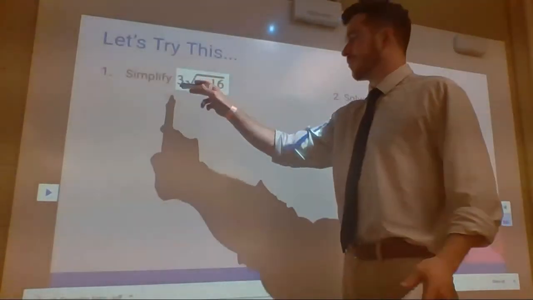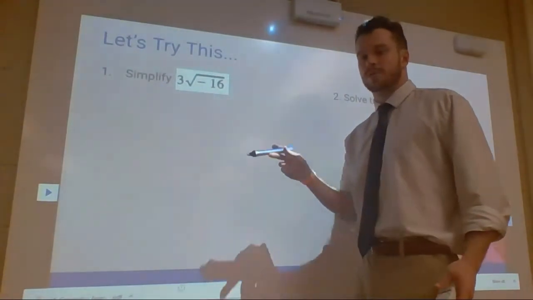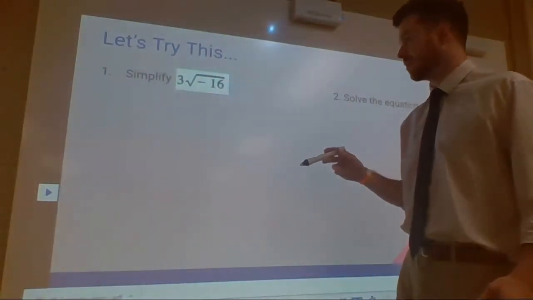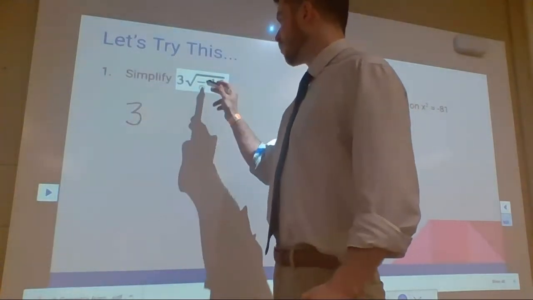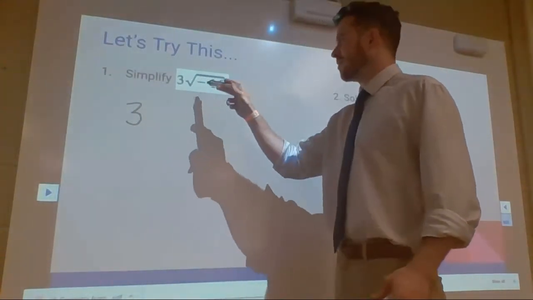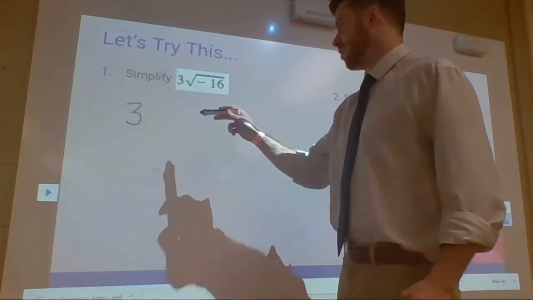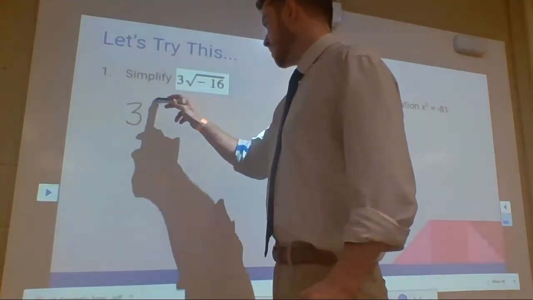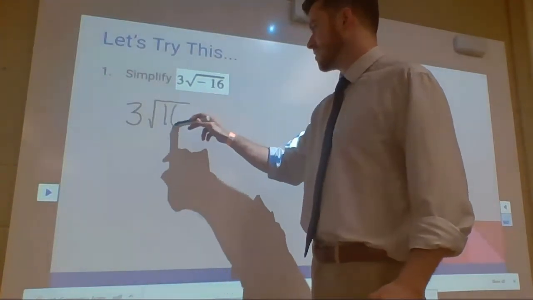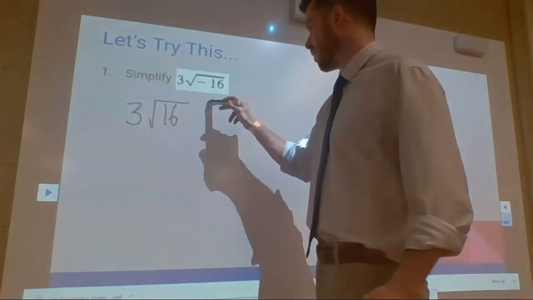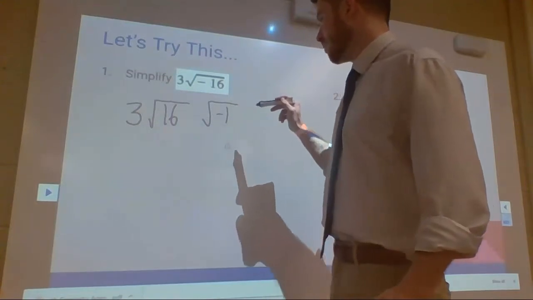We want to simplify 3 times the square root of -16. Okay, so we have 3, and then we're going to try to simplify this radical here. What we can do is separate this as 3 times the square root of 16 times the square root of -1.